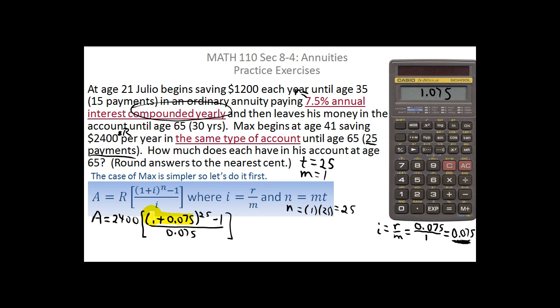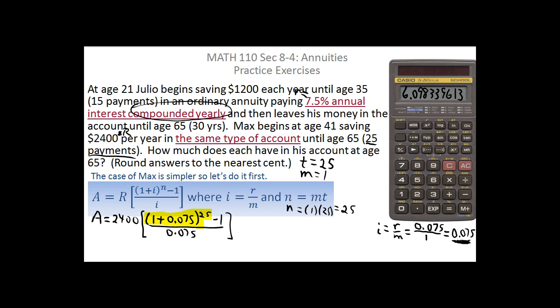Now I want to take that and raise it to the 25th power. So that's where the power button comes into play. I already have the base in the display, so I just hit the power key, then type in the exponent, which is 25, and hit equal. That gives me 6.098339613.